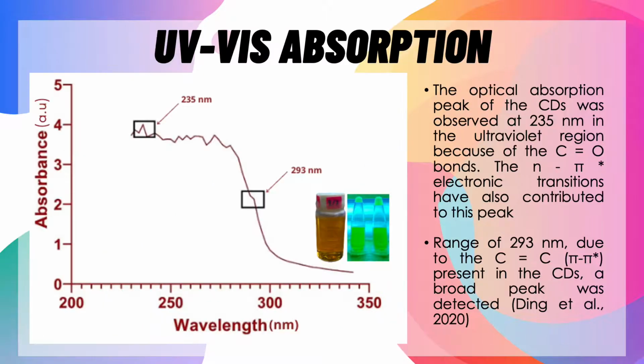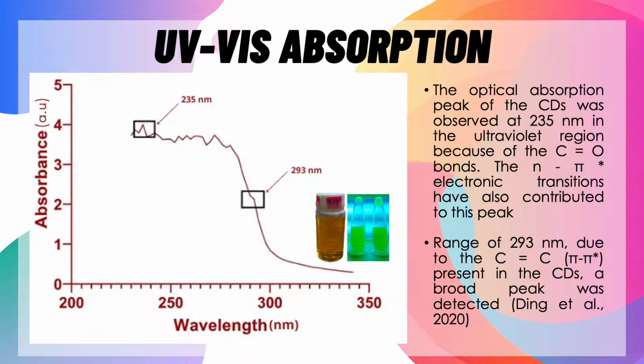Next, to UV-Vis absorption. UV-Vis absorption was to show that the synthesized nanoparticle is really what it is. It is an indication that I have synthesized the nanoparticle successfully.